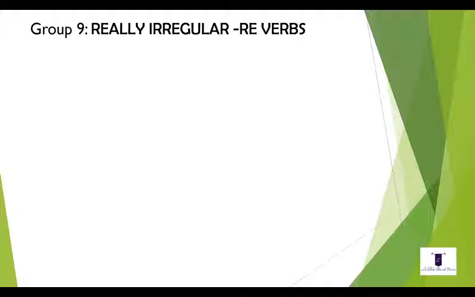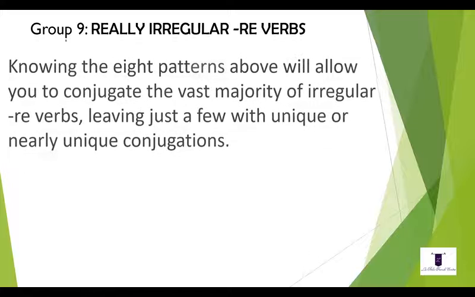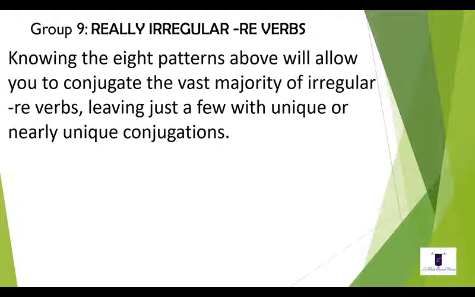Group 9, really irregular RE verbs. Now, knowing the 8 patterns above, meaning from group 1 up to group 8, we've learned the patterns there, how to form the present tense of verbs. Group 1 is the regular verbs. So group 2 up to group 8, they are all irregular.